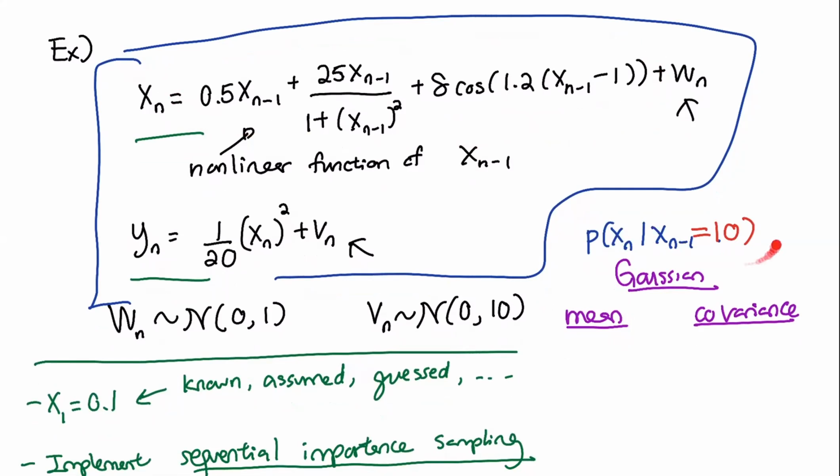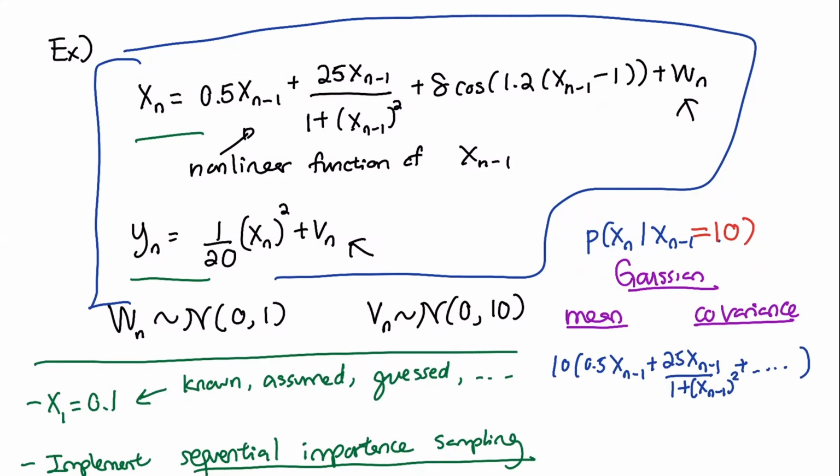What is the mean of this probability distribution? We know it's a Gaussian, so what's the mean? Would it just be 10 times whatever is on the left side? So you mean 10 times 0.5 xn minus 1 plus 25 xn minus 1, this whole mess?